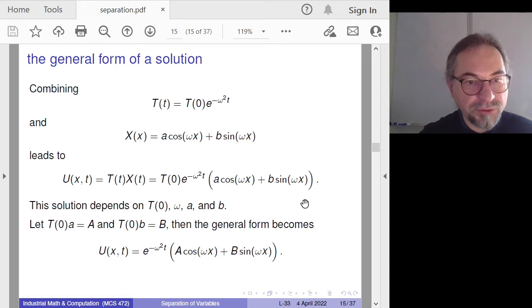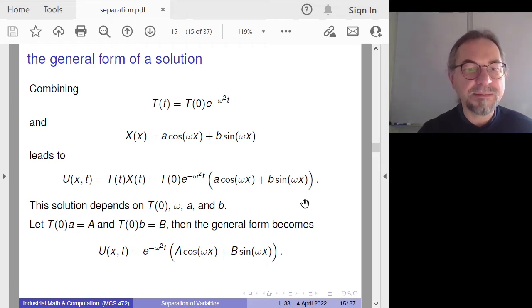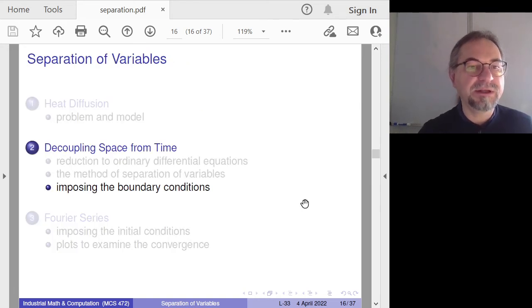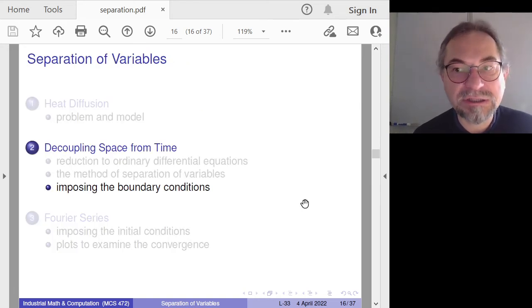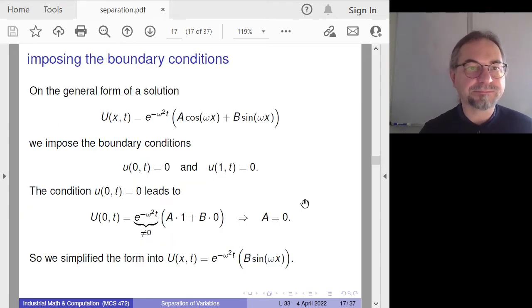But of course you can't use this because it's a nice symbolic solution. In reality, people want to make a plot. You cannot plot even this, so you can't really do anything with this. So let's try to find values for these constants, and we have the boundary conditions. We have the initial conditions, but let's start with the boundary conditions.